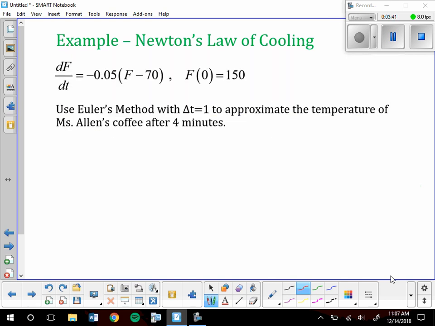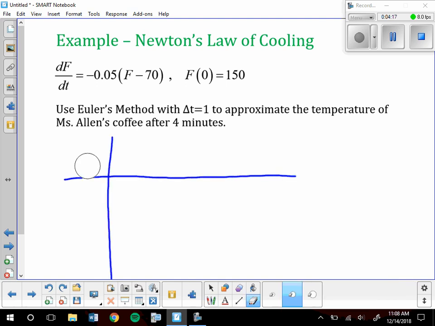Here it is written out again. What I want to do first is use Euler's method with delta T equals 1 to approximate the temperature of Miss Allen's coffee after 4 minutes. Hopefully you remember from when you taught yourselves this last Friday that Euler's method is the idea of using little tiny tangent lines to build from one point to another point on a function. The easiest way for me to organize Euler's method is to set up a chart.